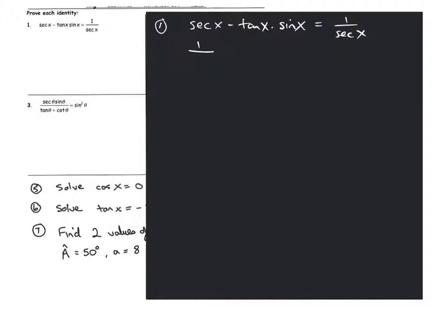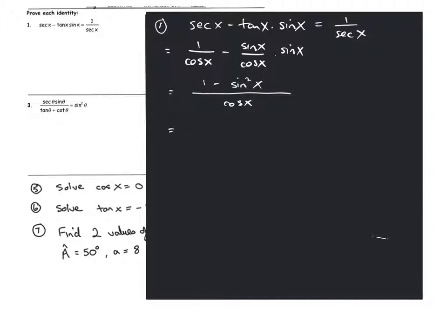So we know that sec x is 1 over cos x. Tan is sine over cos, and times sine. So on top we've got a common denominator here of cos x, we can put them both over cos x. On top we get 1 minus, and sine times sine is sine squared.